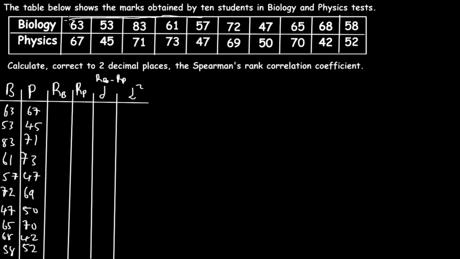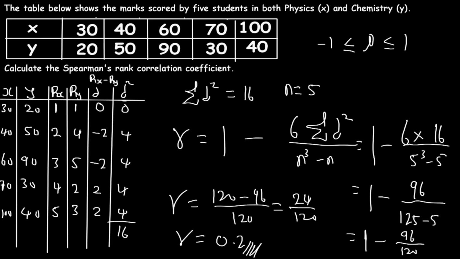Look at the values of biology. Immediately after 63, we have 53. But 53 is actually smaller than 63. After 53, we have 83, which means the values are mixed together. It's not like the previous example where we had the value of the first quantity, which was physics.